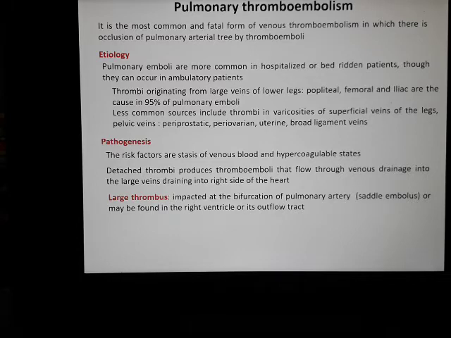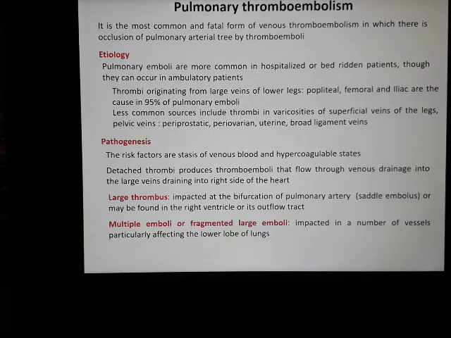Then that may be a large thrombus. If it is a large thrombus, then it can be impacted at the bifurcation of the pulmonary artery, which we call a saddle embolus, or it may be found in the right ventricle or its outflow tract. If there are multiple emboli, that means fragments coming from the large embolus, they can be impacted in a number of vessels, particularly affecting the lower lobes of the lungs.